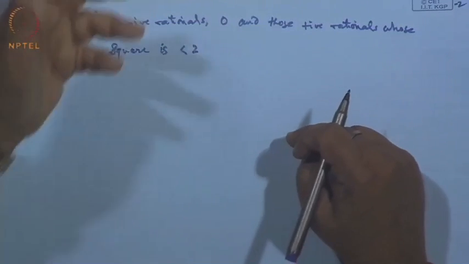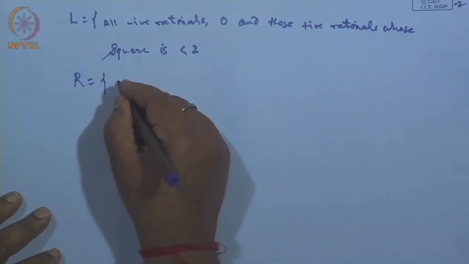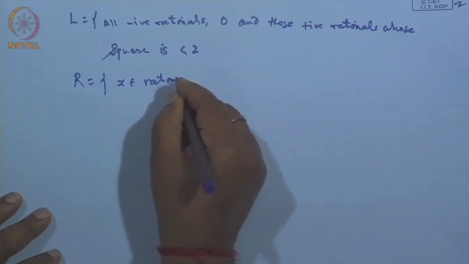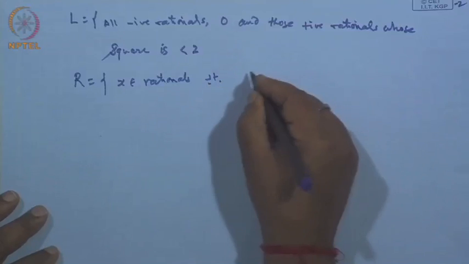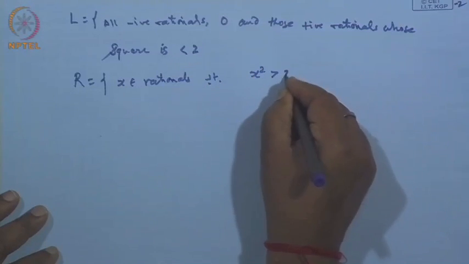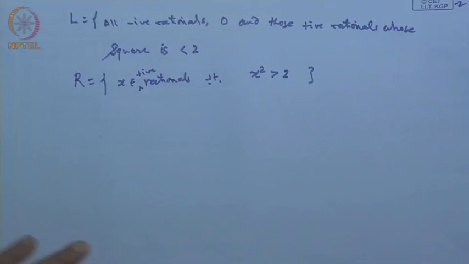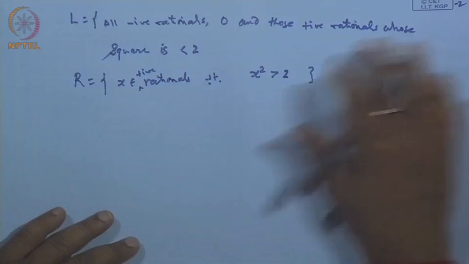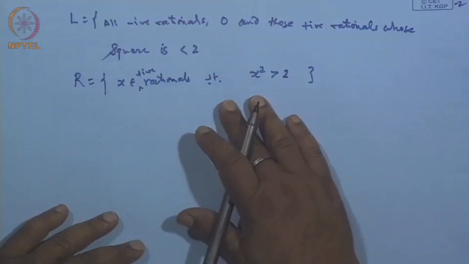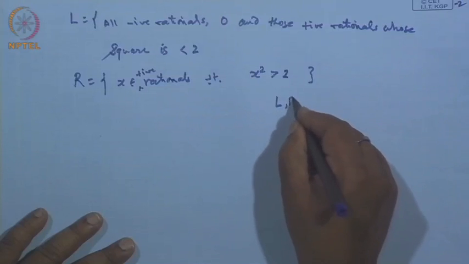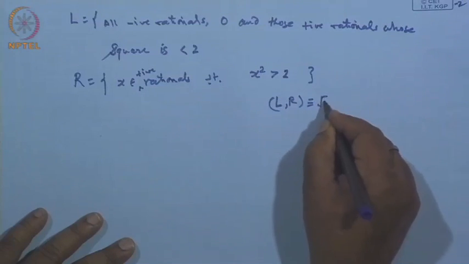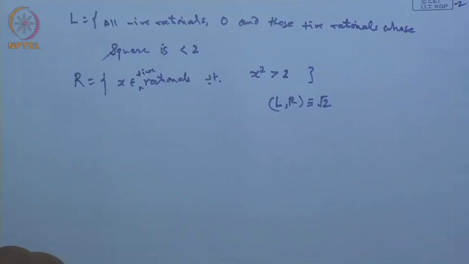And R is the set of all positive rationals whose square is greater than 2. So, now all these rational numbers will be filled up here, and this class is nothing but the one corresponding to the square root of 2, clear.